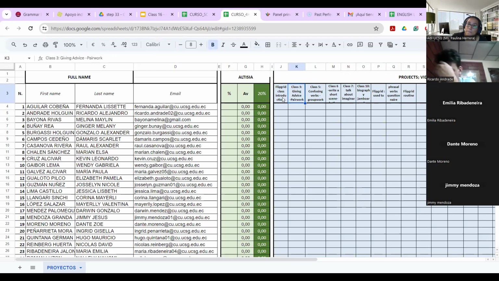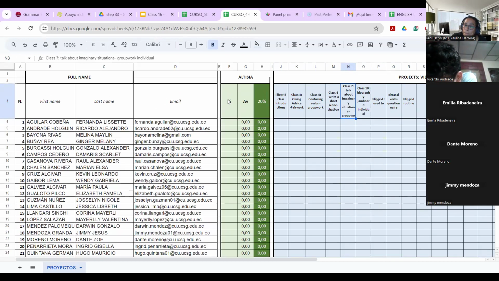Then we have the pair work activity of giving advice, the group work activity of confusing verbs, the thing that you sent me through the chat of the last scene of one story. Here we have talked about imaginary situations. This is another group work.